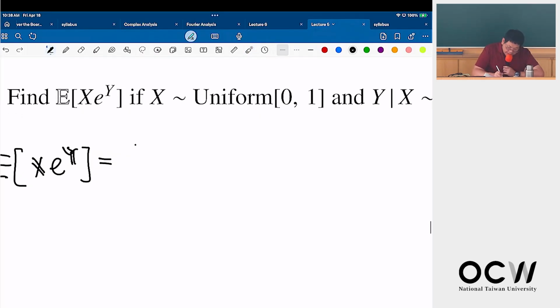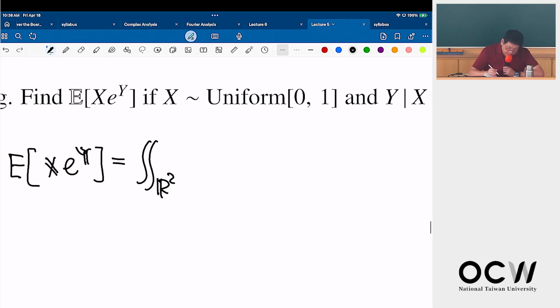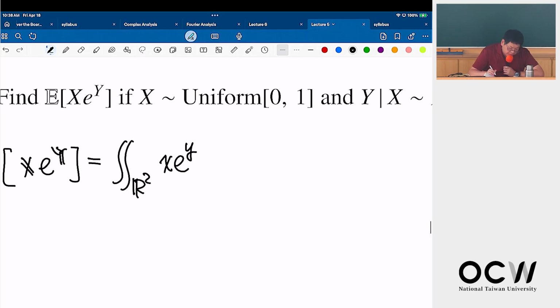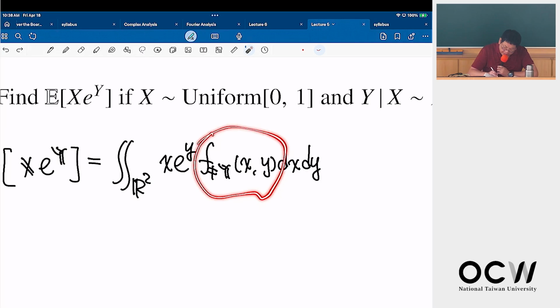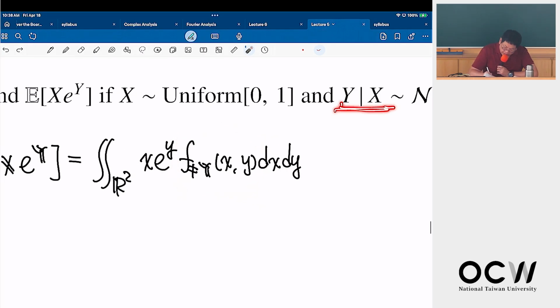So I consider all possible outcomes x times e to the y, with their corresponding weighting joint PDF of xy. X and y, we didn't say that they are independent, so they cannot be separated. But what is the joint PDF? And also we have a conditional PDF of y given x.